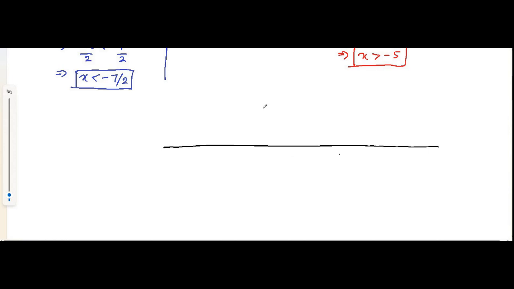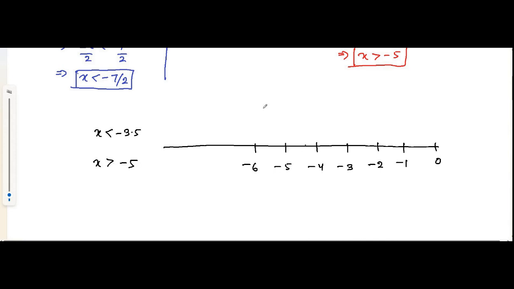Let's say this is 0, minus 1, minus 2, minus 3, minus 4, minus 5, and minus 6. So the first condition is x should be lesser than minus 3.5. Second condition, x should be greater than minus 5.